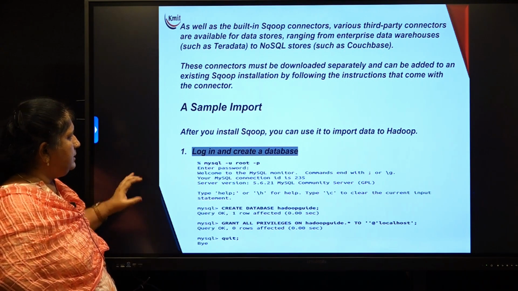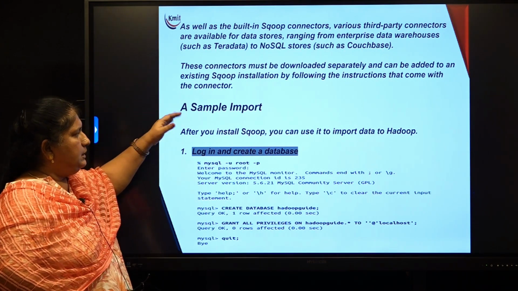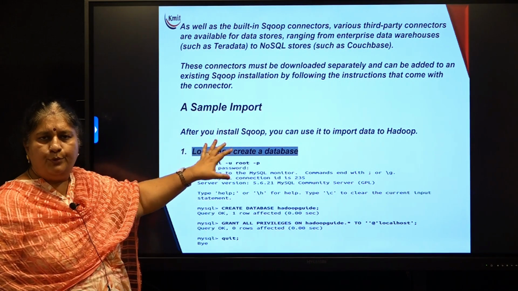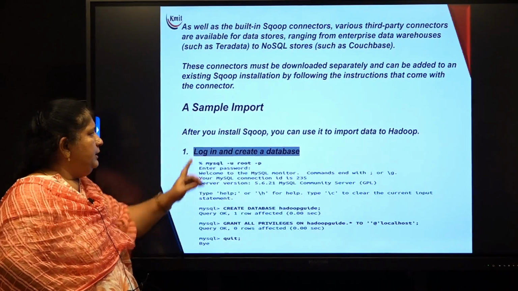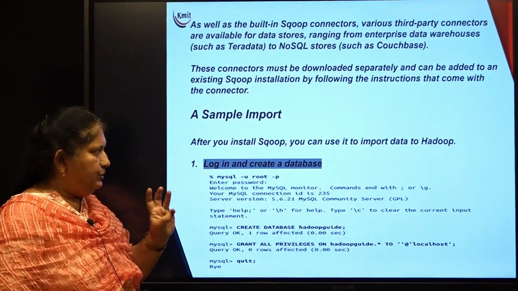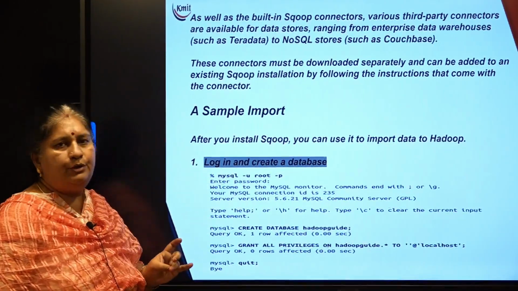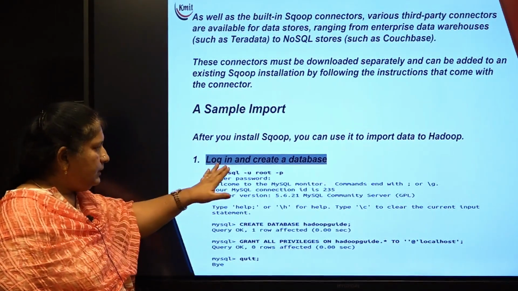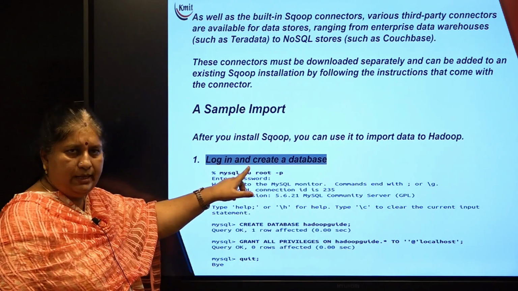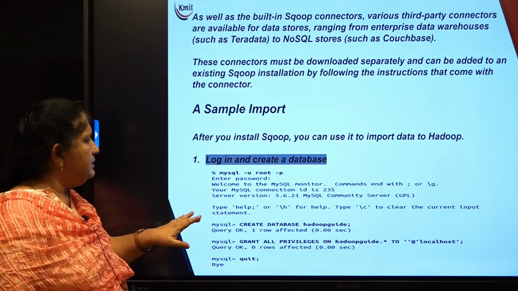Just go through this. Whenever you want to work with import, here I am showing the import command with an example. If you want to work with import, first you install Sqoop, we know that, then we need to import data into Hadoop. For doing that, first I need to log into my MySQL. Consider here I am working with MySQL.